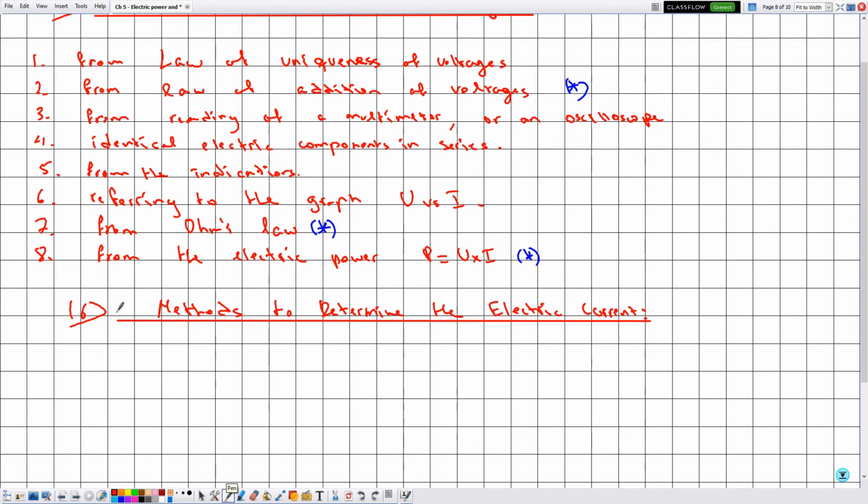So the first method, which is in analogy with what I have written above, is from the law of uniqueness of currents.